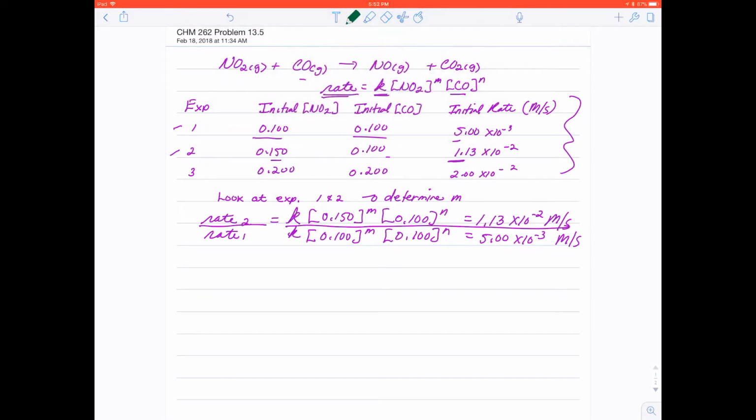Okay, so we see that our k's cancel out here, and this also cancels out. So what I'm going to do is divide 0.15 by 0.1, and that is going to give us 1.5 to the m power, and then we'll go ahead and divide the rates here, and that is going to give us 2.26.